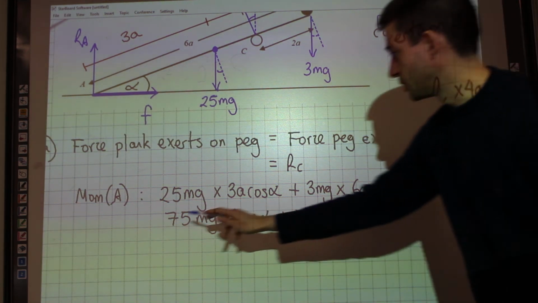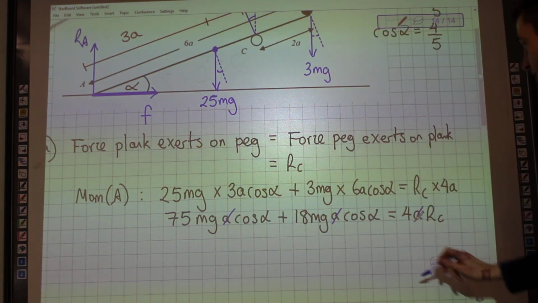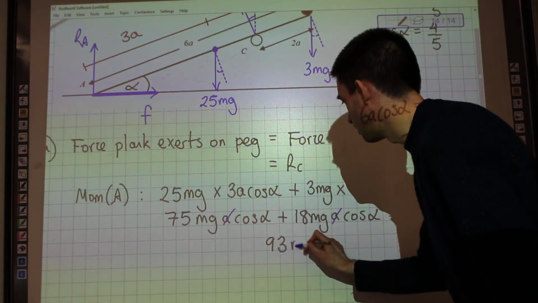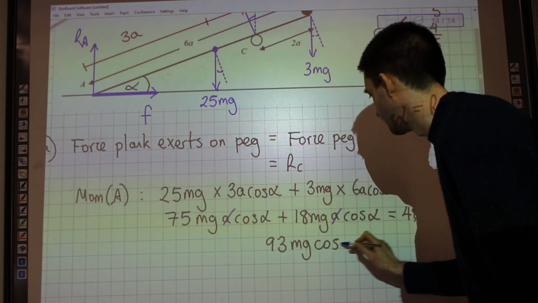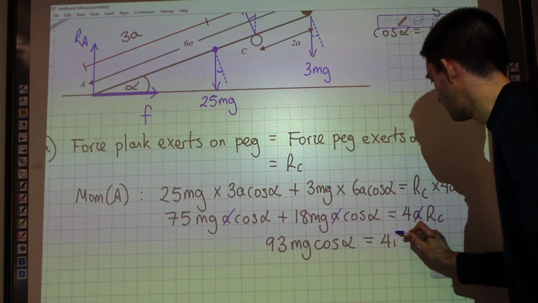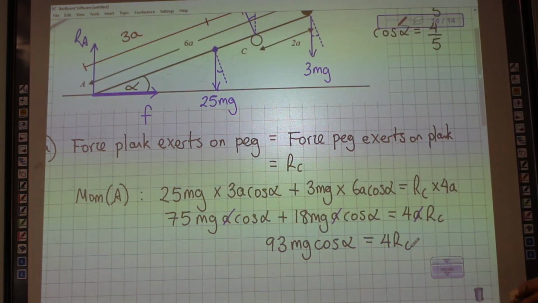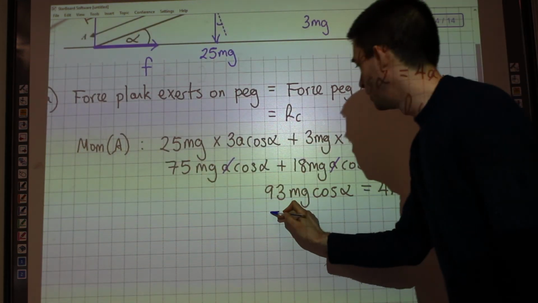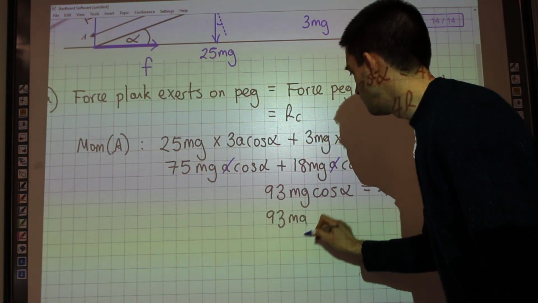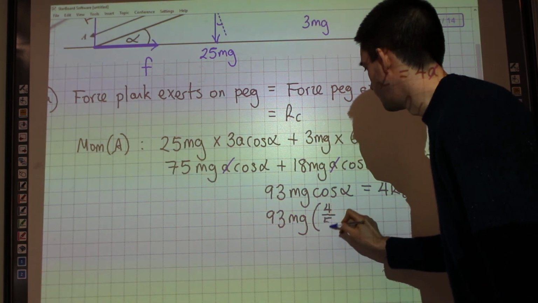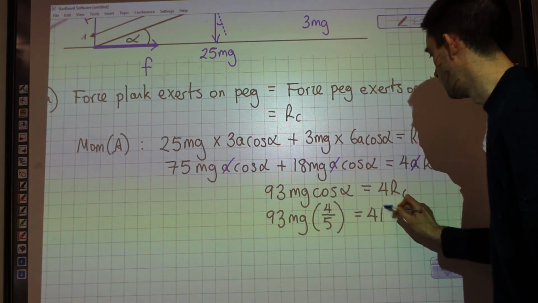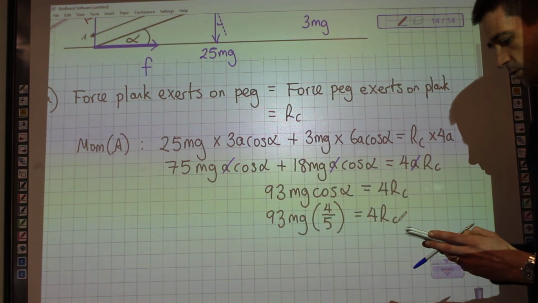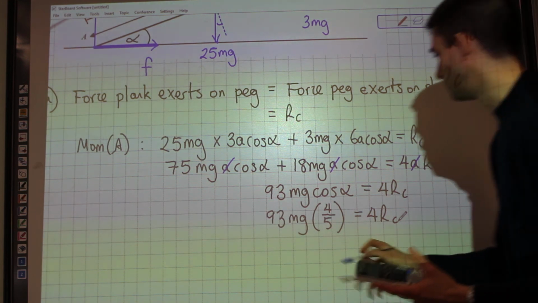I then see that, look, I've got 75 mg cos alpha, I've got 18 mg cos alpha, so I can collect that together, which gives me 93 mg cos alpha equals 4 RC. Now, I know that cos alpha is 4/5, so I'm going to put in 93 mg times by 4/5 is 4 RC. 4/5 of 93 is 74.4.